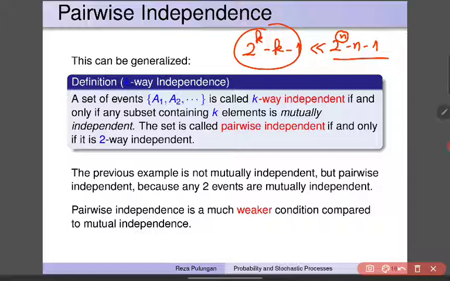It is not only that, you have to check also the configuration when we have two events inside of it. Remember that these k elements must be mutually independent. Pairwise independence, therefore, is a much weaker condition compared to mutual independence.